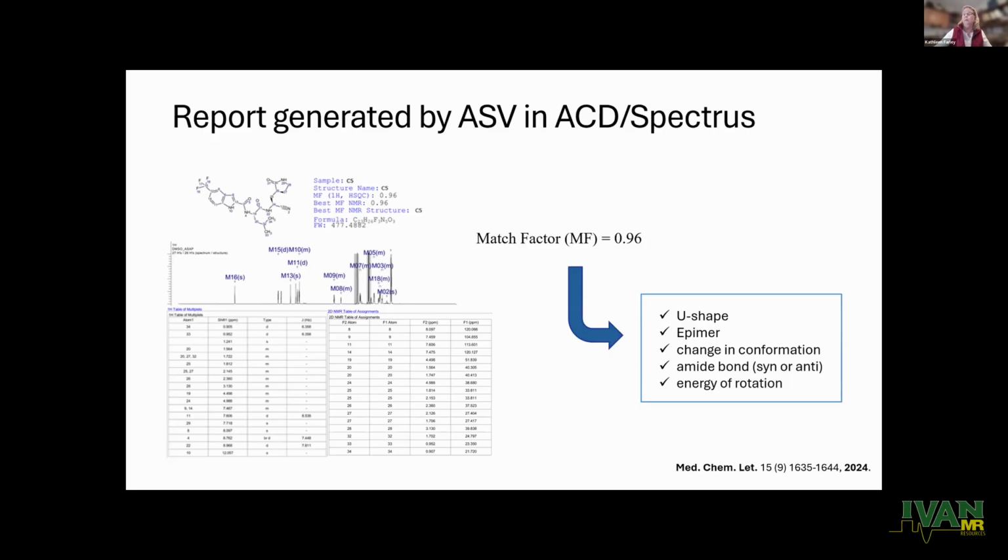Chemical shifts that I knew meant we had the right epimer. Was there a change in conformation? Was it out of its U shape? Was there something new coming in? A lot of times we would have resonances shifted far downfield with a different conformation that was less than optimal. Did we have the syn or the anti-amide bond? And what was our energy of rotation? Were we staying in that class 1 compound?